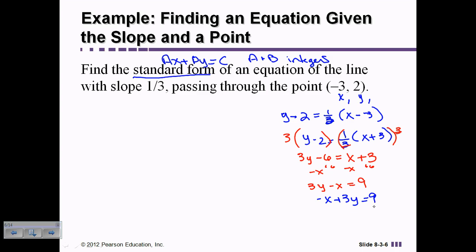And then some people will be even pickier. I'm not sure exactly how my math lab works, so you'll have to try it both ways. Some of them will be even pickier and say that this can't be negative. So they will take this whole problem and multiply everything by -1, and they end up with x minus 3y equals -9.